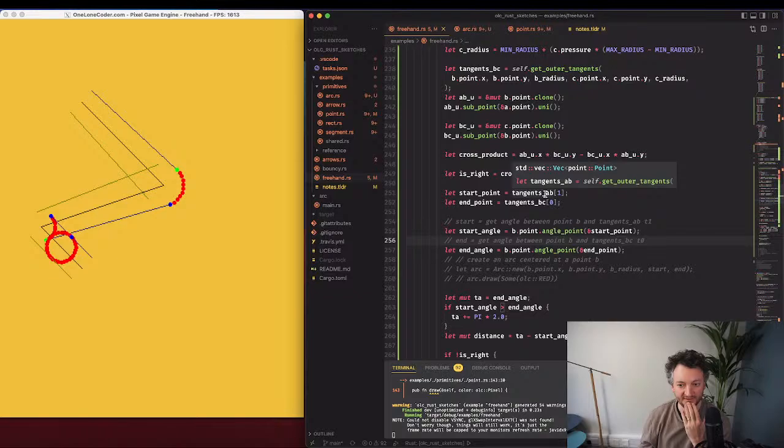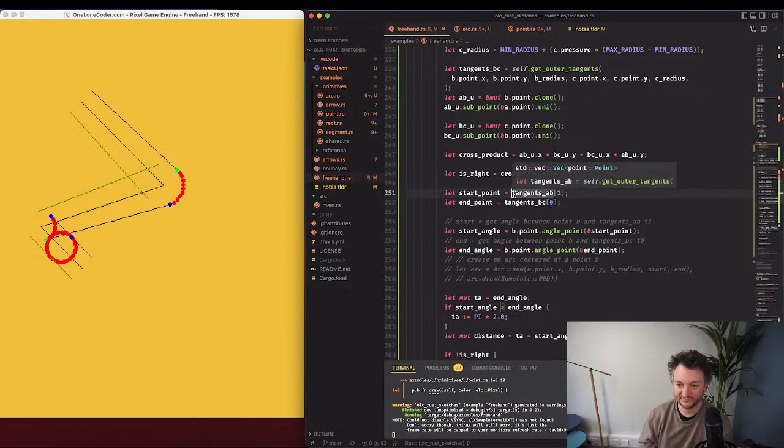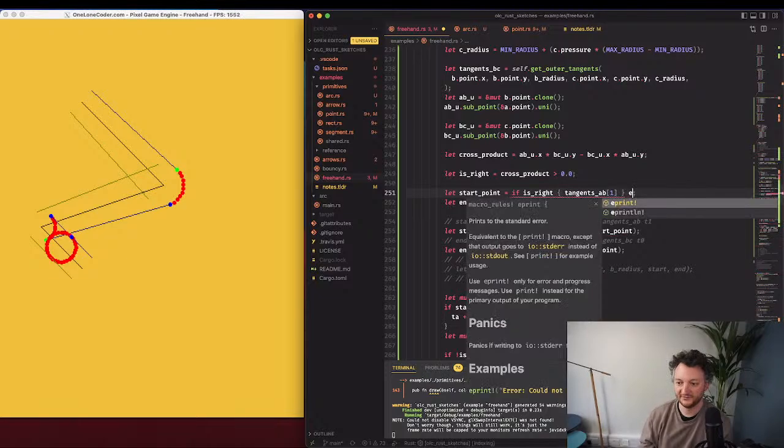Or is that right? So tangent AB1, BC0, and BC0. Yeah, and it does matter if it's left or right. So if it is right, then that's going to be something else.